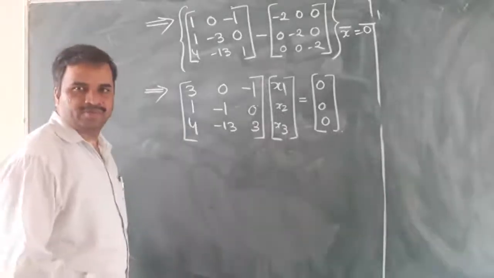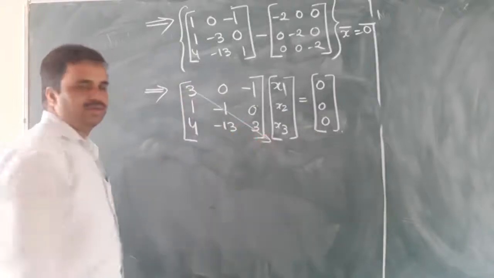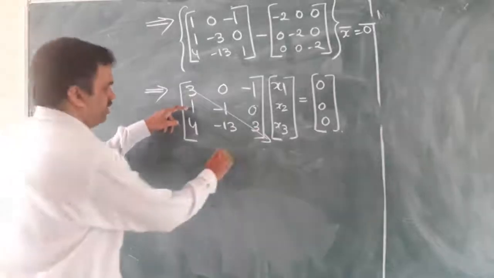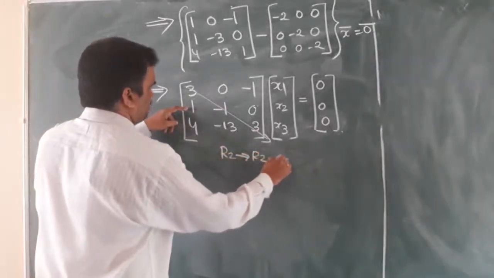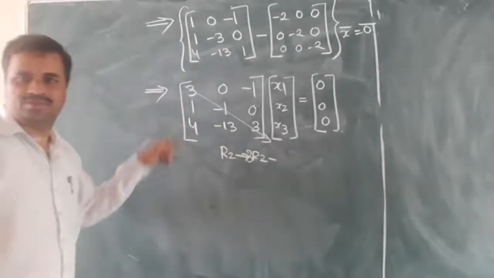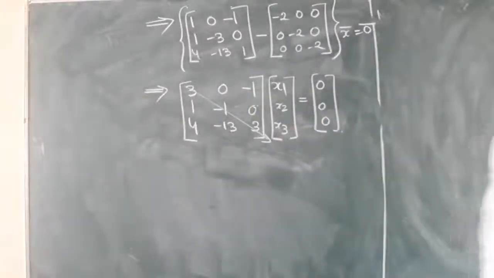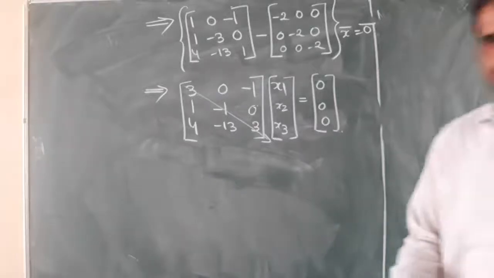Diagram solving with echelon form. First element, second element, third element. Now I have to make this position as 0. So simply R2 implies R2 minus 3R2, 3 times R2.